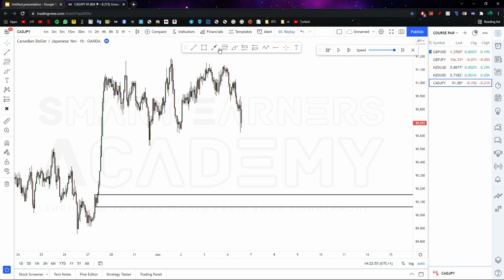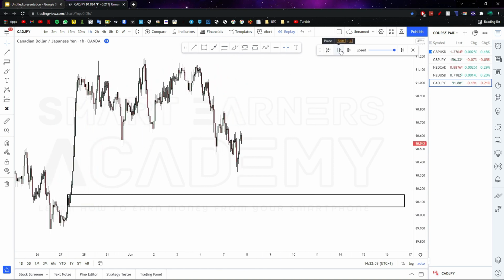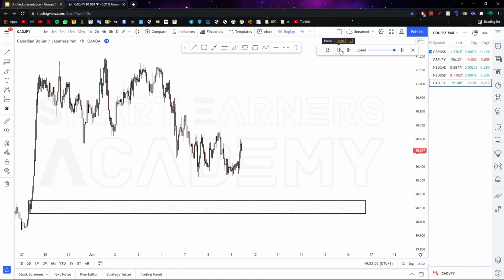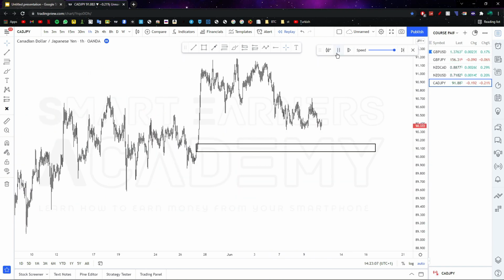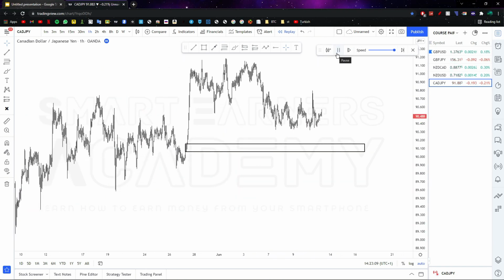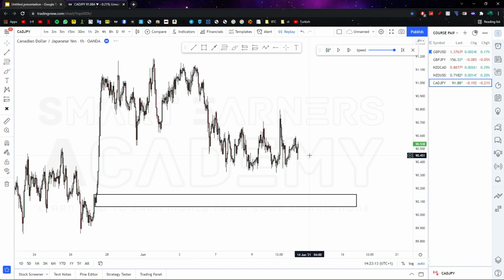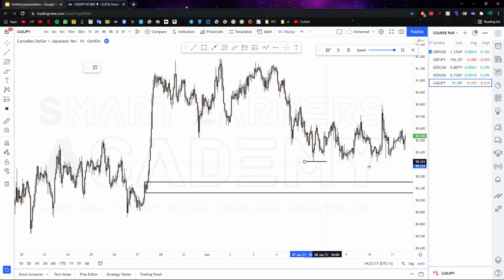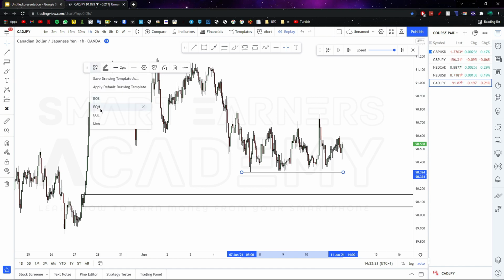So if I just play price, bang, what do we have there? Equal lows, right? And then price will continue, and then eventually something will happen. Exactly. So if I bring price to about here and we just mark down these equal lows, right? And I'll just mark this off, equal lows, right?